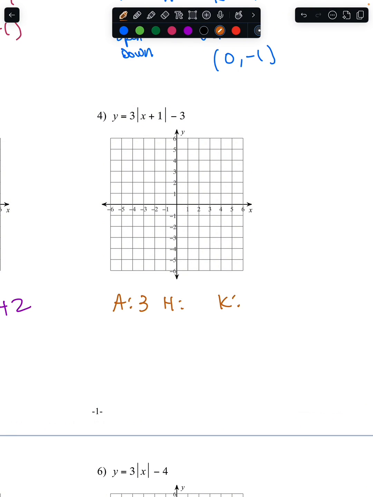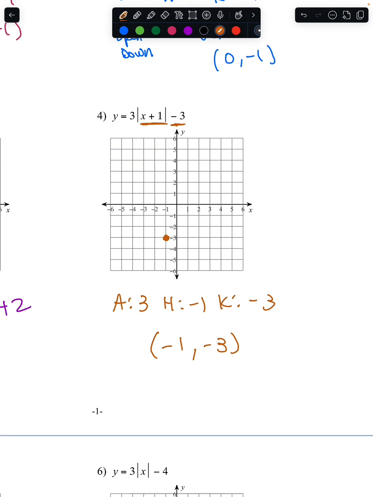If you said -1, you are right, because it's what makes that 0. And my K is going to be -3 here, because this -1 will make that 0, and my K just is the same as that. So my vertex is at -1, -3. Let's plot that point.